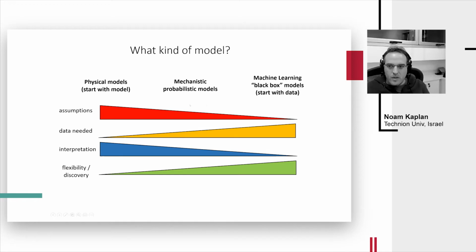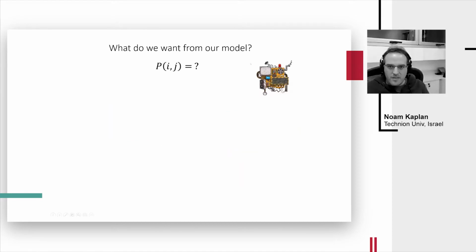The idea is to have the power of machine learning models in terms of using a lot of data. We still have a significant number of parameters, but we define explicit mechanisms that specify what the model is, and you'll see exactly what this means in a minute.